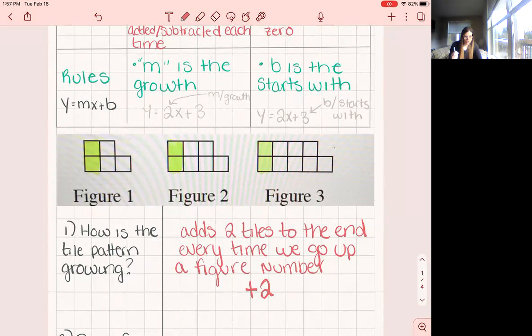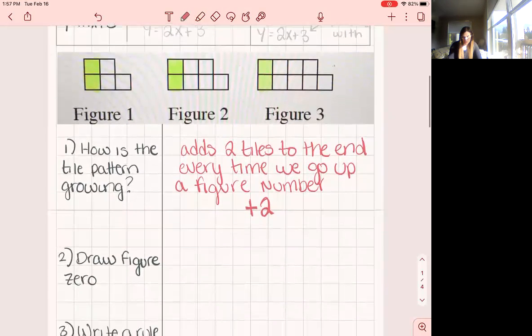The next question that you'll need to be able to do is number 2 says, okay, draw what figure 0 looks like. So I'm going to get my little pen. If I have figure 1, I need to work backwards. If every time I go up a figure, I'm adding 2 tiles, that means if I'm working backwards, I'm going to take away 2 tiles.